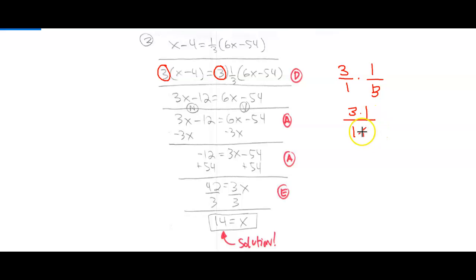That can make things easier, okay? And you can see, cancel out. And so that's why we have automatically this 6 here, because this turns into 1 once we do that. So it brings down to 6, brings down to negative 54. And then over here, I'm going to apply distributive property as well.